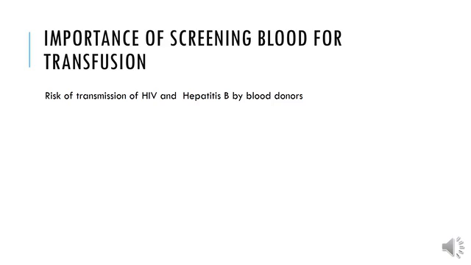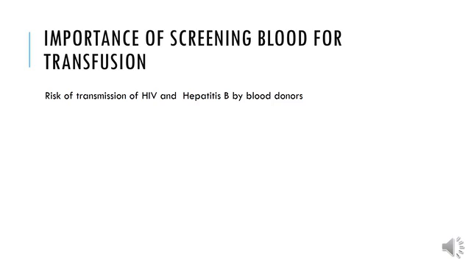So why is it important to screen blood for transfusion? It is important that blood is screened for transfusion so that we reduce the risk of transmission of blood-borne infections. So we are reducing the risk of transmission of things such as HIV as well as hepatitis B. So these are blood-borne infections.